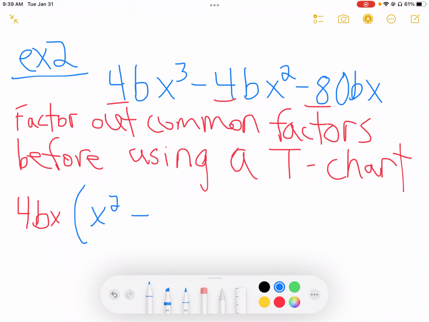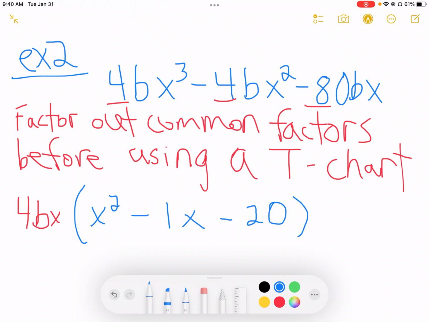1x, and then this last one, I'll have minus, how many times is 4 going to go into 80? It goes in 20 times. So then I have 20, and then I factored a b and an x out of that.